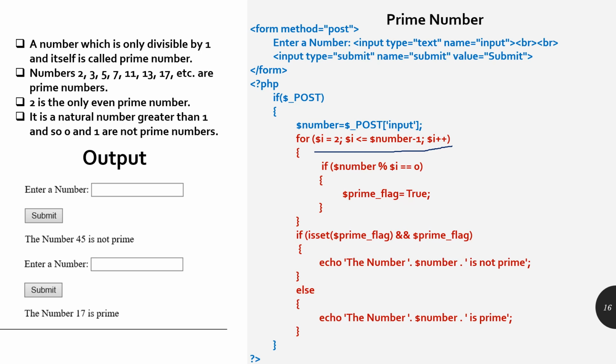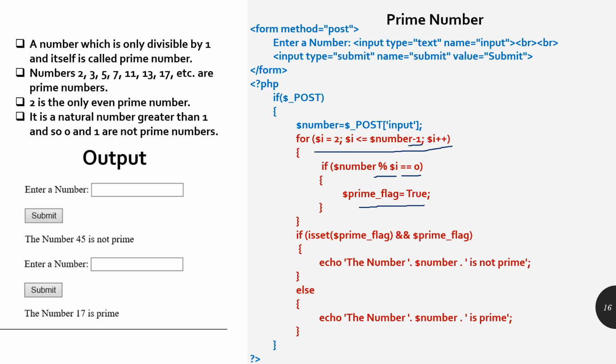Why do we do this? Because 1 and the number itself are factors anyway, so the loop executes from 2 to less than n, and then it works fine. In that loop we check whether any factor is there in between. If the mod value shows a factor, the flag will be enabled. Enabled means it is not a prime number.